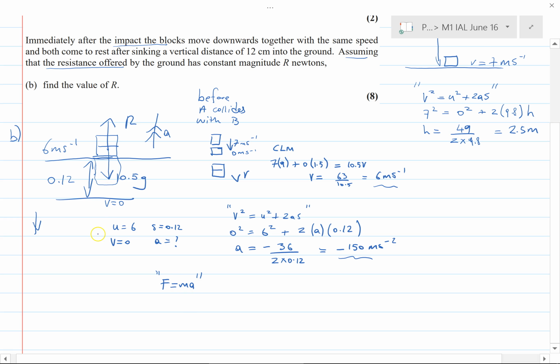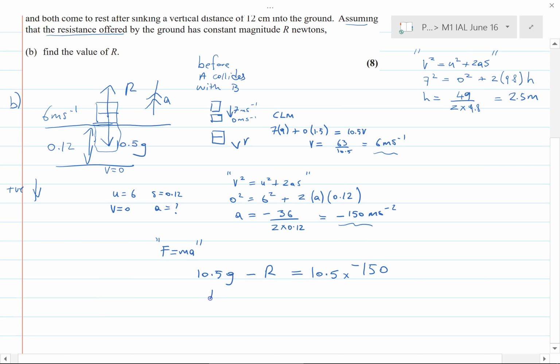So if I call all the forces downwards positive, I've got the weight going downwards, and the resistance going upwards, is equal to the mass, which is 10.5, times minus 150.